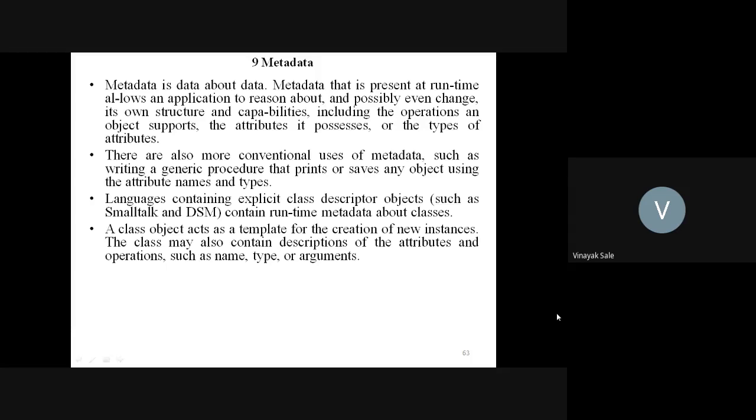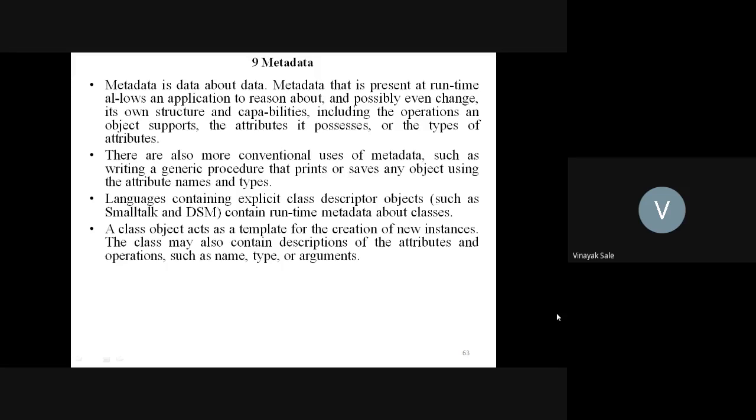Languages containing explicit class descriptor objects, such as Smalltalk and DSM, contain runtime metadata about the classes. The class object acts as a template for the creation of new instances.